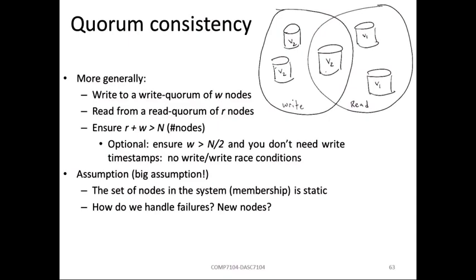So this is what quorum consistency stands for, and we will see later on that is how, for instance, the Cassandra system allows us to get as close as possible to this notion of strong consistency.